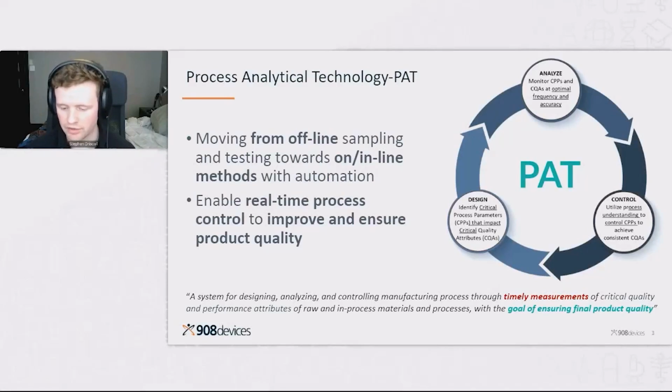So this spurred the industry to start developing more innovative sensors, and even doing algorithm and modeling improvements. But what we're going to be talking about today, MAVERICK, is in the spirit of trying to adhere to these FDA guidelines for PAT.